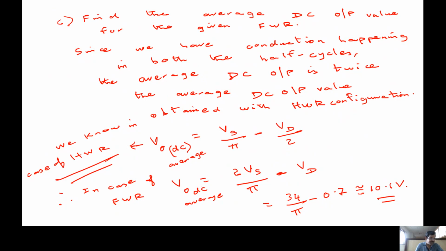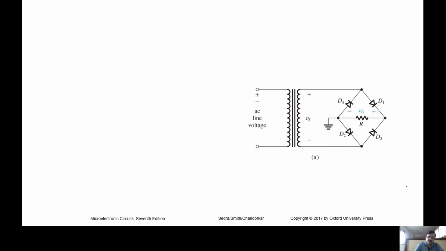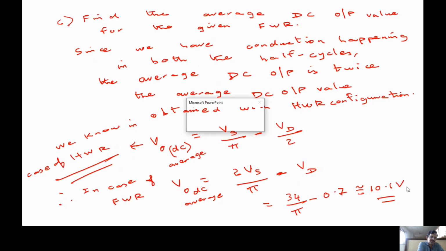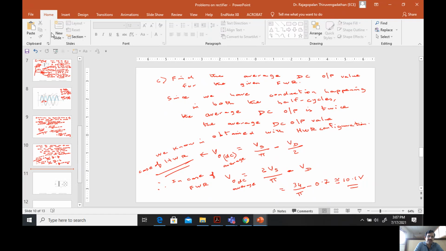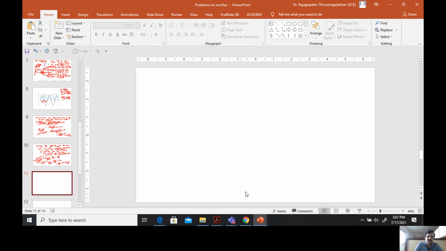Okay. Now we need to find the peak diode current. Let us find that. And also the peak inverse voltage. So determine ID peak.